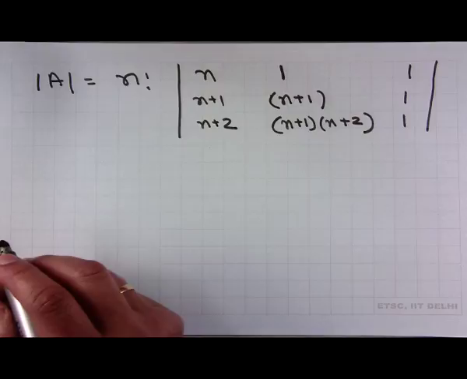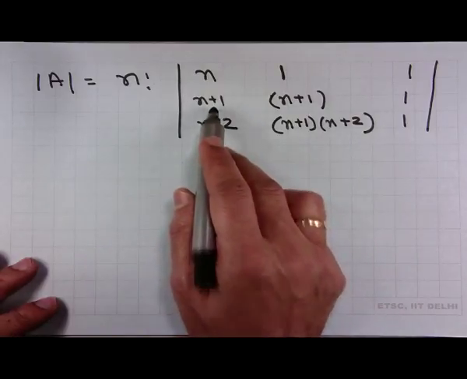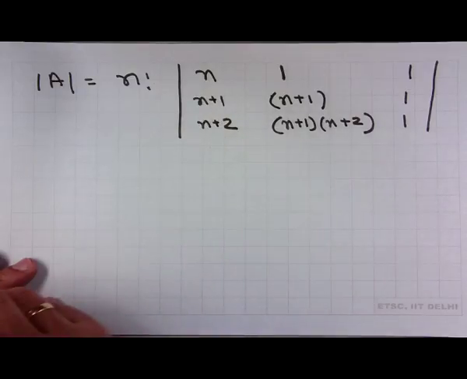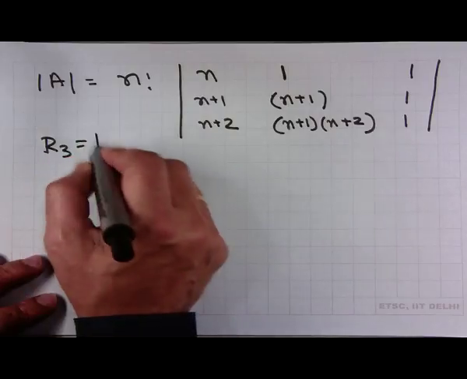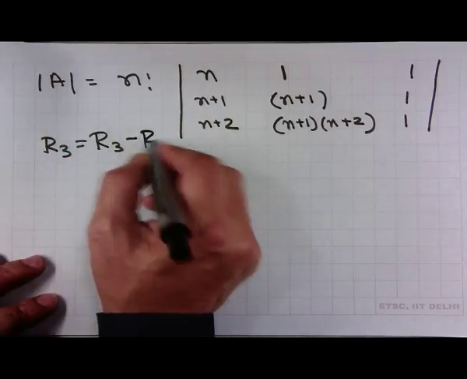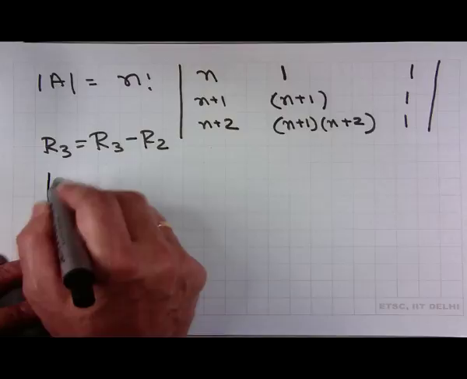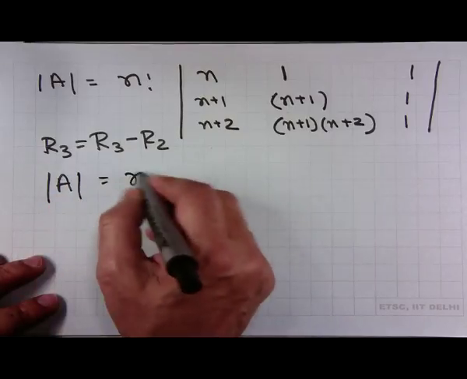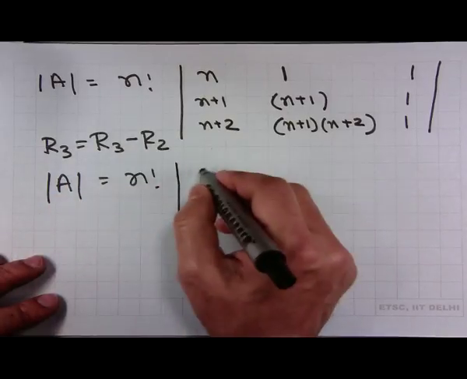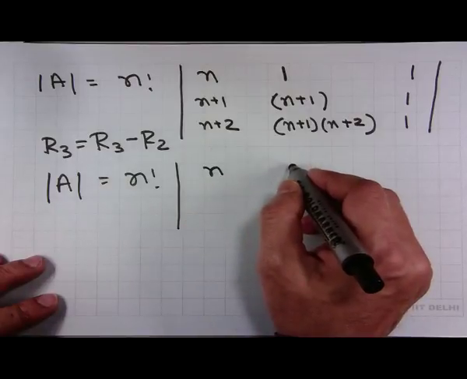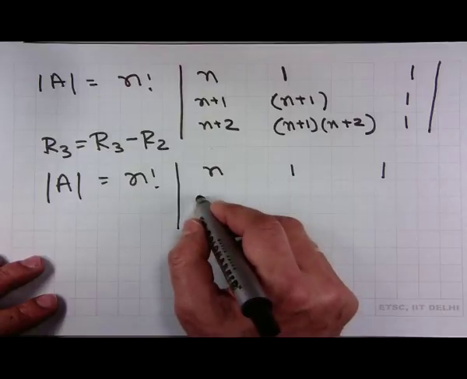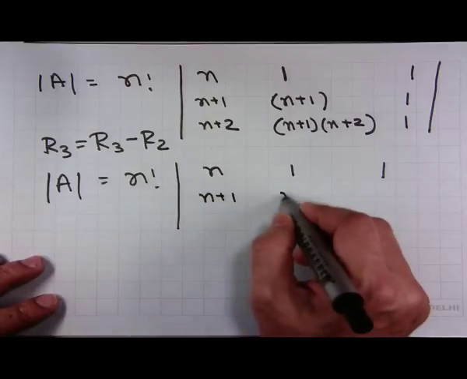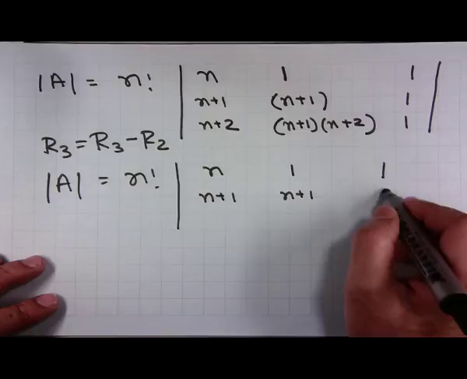Now, what do we do? We subtract the second row from the third row. Therefore, R3 equals R3 minus R2 makes the determinant of A equal to n factorial into the determinant of n, 1, 1; n plus 1, n plus 1, 1; 1, and so on.